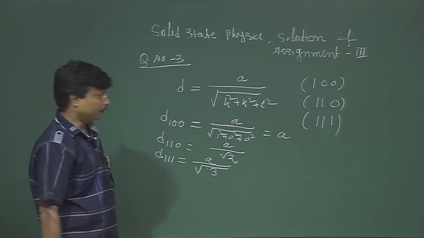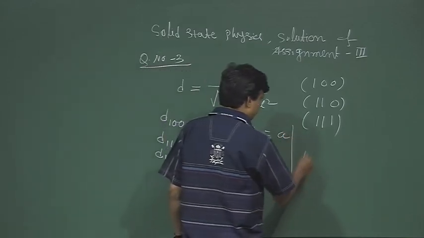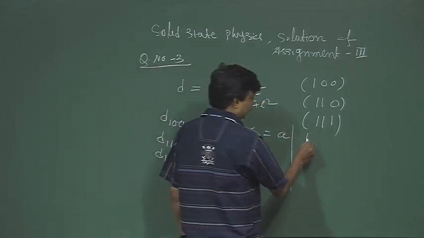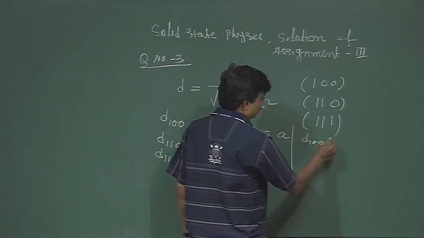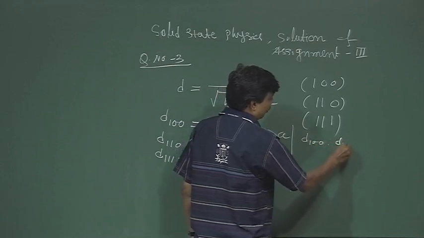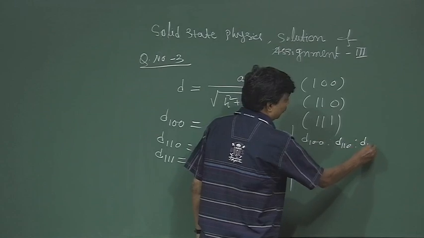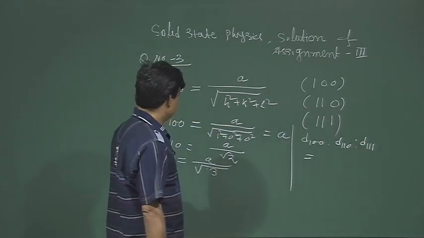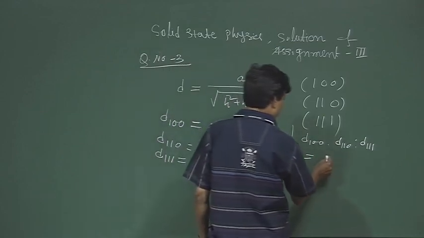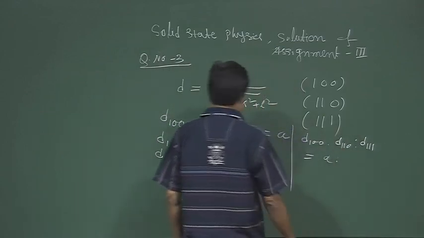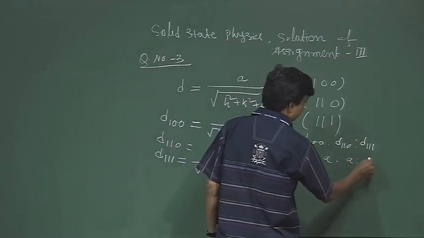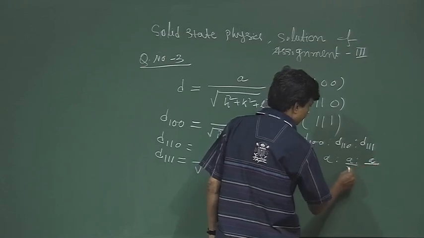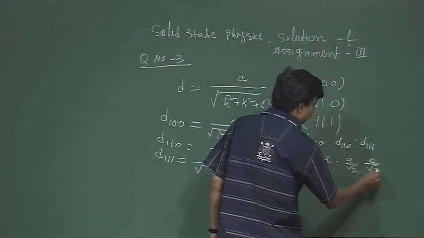So, the ratio D 1 0 0 is to D 1 1 0 is to D 1 1 1 will be a is to a by root 2 is to a by root 3.